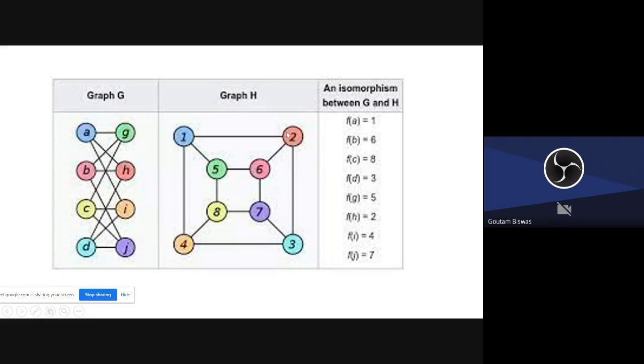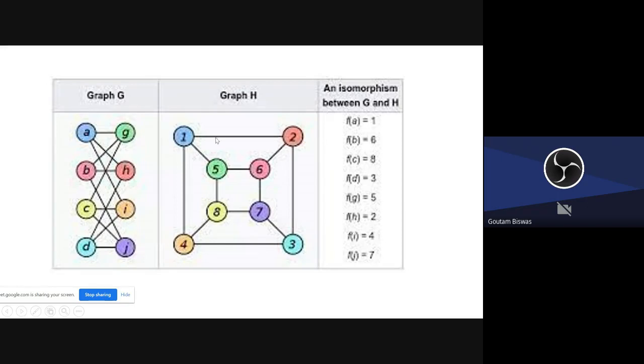Similarly, the adjacency of G is preserved. Adjacency of B is preserved. Adjacency of H is preserved. Adjacency of C is preserved. Adjacency of I is preserved. Similarly, that means all the vertices and their adjacency are preserved under this mapping.